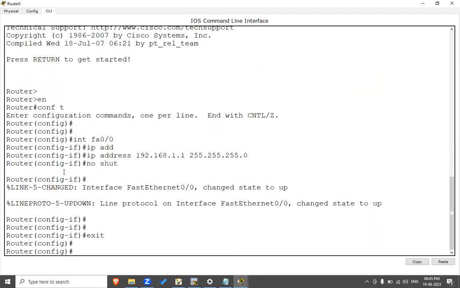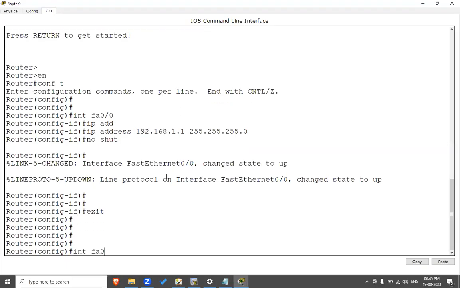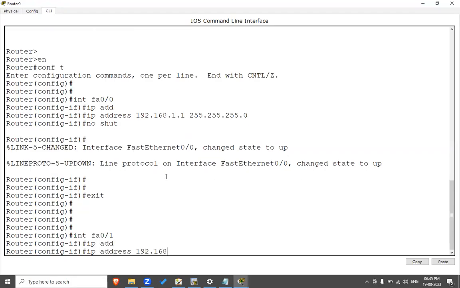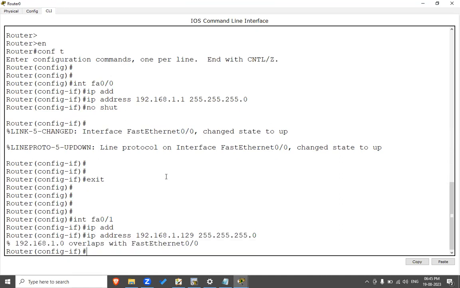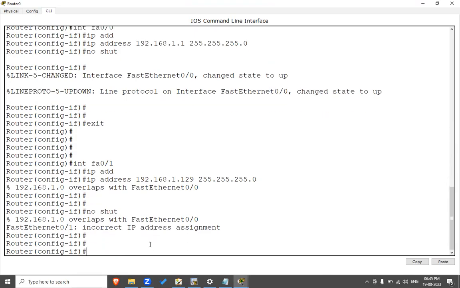So I configured the first interface with IP address 1.1. Now let's go with the next interface: interface FA 0/1, ip address 192.168.1.129 255.255.255.0. When I try to do this, it says it's overlapping. When I try the no shutdown command, again it says incorrect IP address assignment. This we saw in the last class.